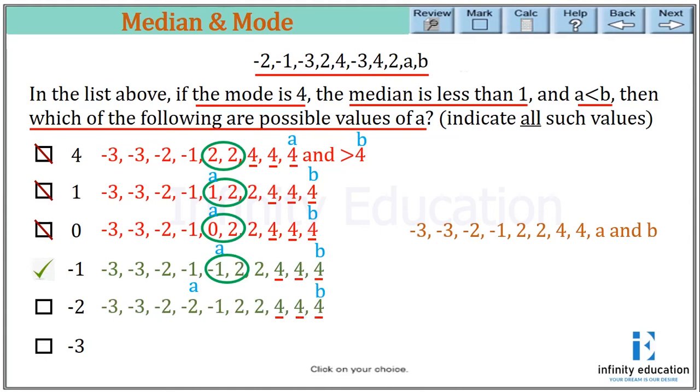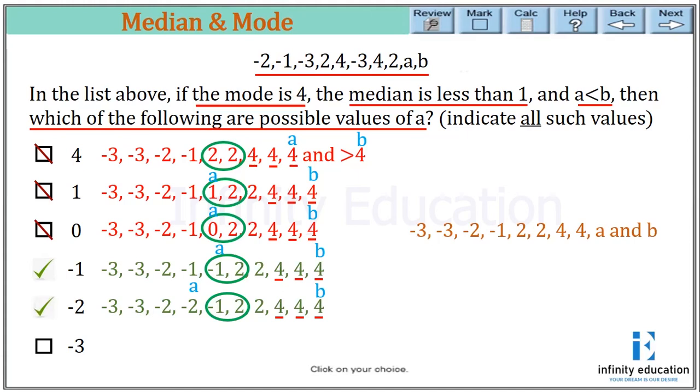Now here in the data set, -3, -3, -2, -2, -1, 2, 2, 4, 4, 4, the fifth value is -1 and the sixth value is 2. So here I'm getting the average of -1 and 2 is again 0.5. So yes, that is lesser than 1. So that should be an answer to the question.